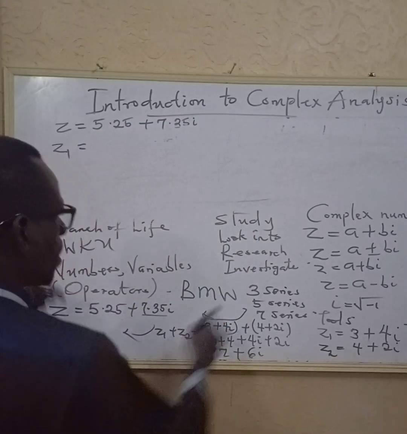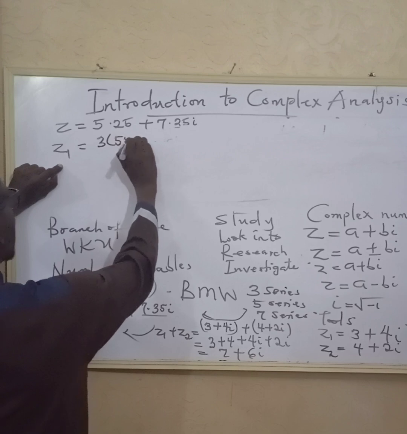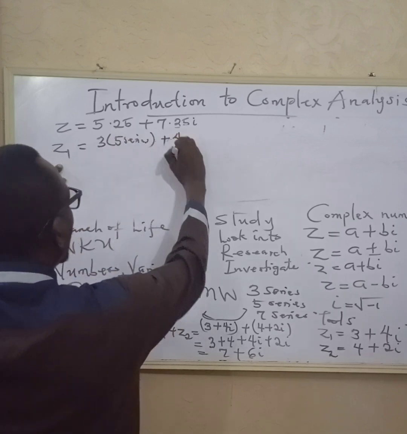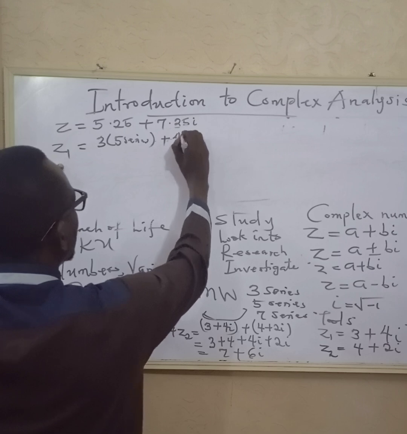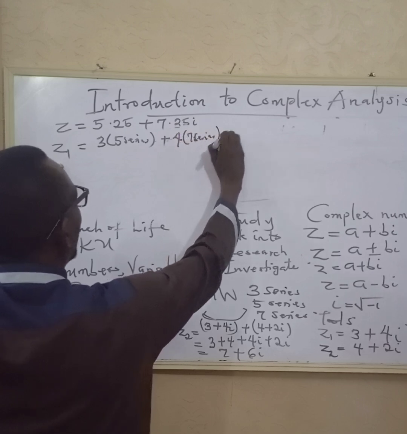in the concrete way. Z1 is 3 of 5 series plus 4 of 7 series limo.